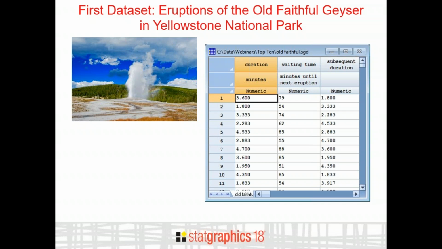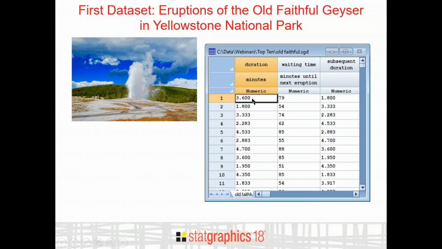Anyway, a lot of people go to Yellowstone National Park to look at Old Faithful. I have a data set here with a total of 272 rows in it. It's the duration in minutes of 272 consecutive eruptions of the Old Faithful Geyser.